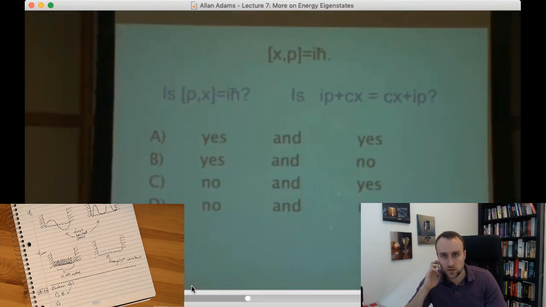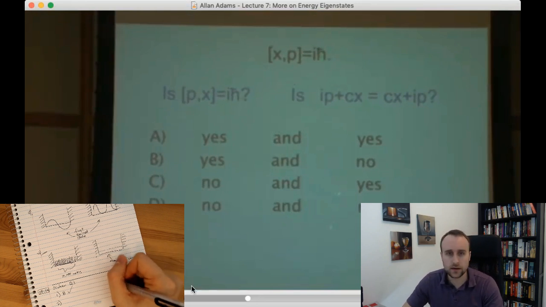Okay, so this is commutator notation. The commutator of x and p is equal to iħ. Is the commutator of p and x also iħ? Let's just work this out right here.